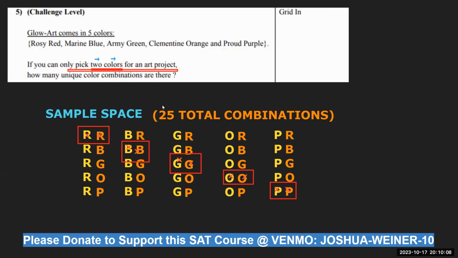Then notice that we have red combined with blue, red combined with green, red combined with orange, and red combined with purple. But what we're going to do next is we're going to see that blue combined with red is the same as red, blue. So we can cross off this one. However, blue can be combined with green, orange, and purple.